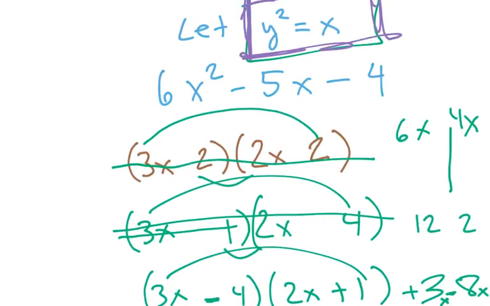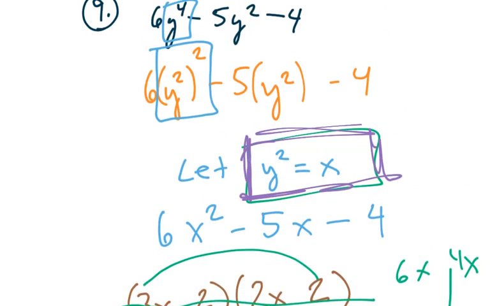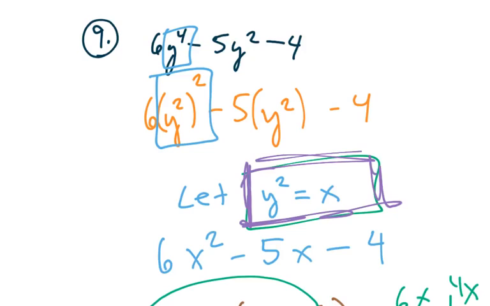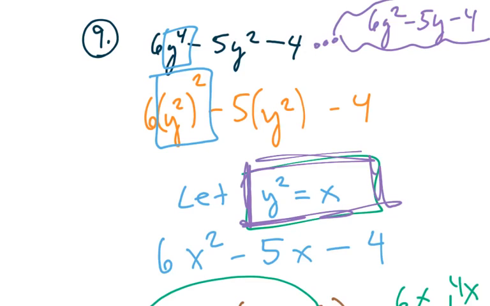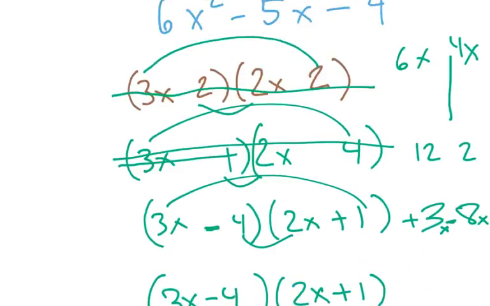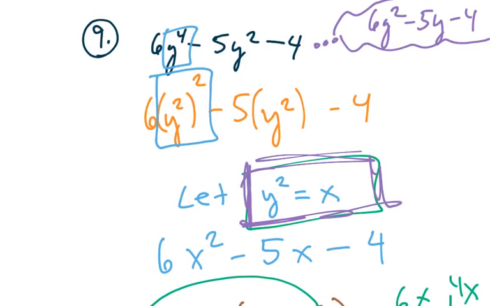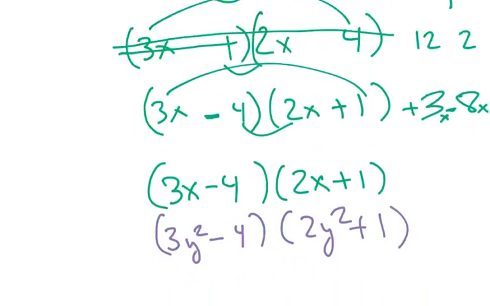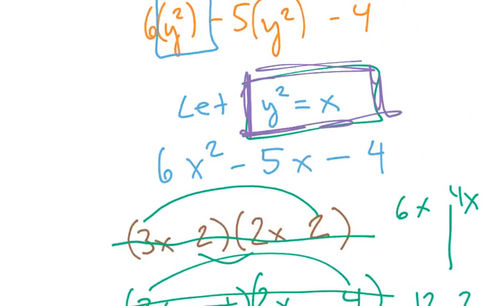Okay. Now, also keep in mind when you're working through this that what you can do, and this is sometimes what I do, is I just think of this as 6y squared minus 5y minus 4. And when I get my answer, and what was it this time? It was 3y minus 4, 2y plus 1. Let me double check. Yeah.